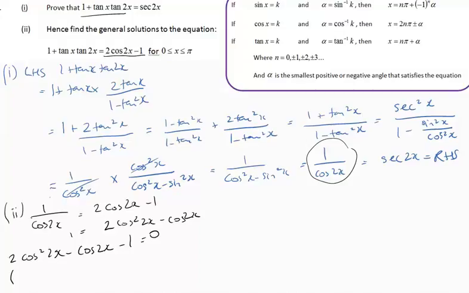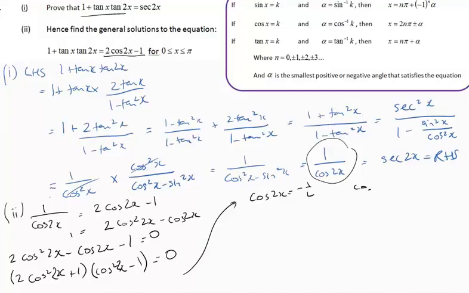This will become 2 cosine 2x plus 1 multiplied by cosine 2x minus 1 equals 0 here. So from this we get here our cosine 2x is equal to minus a half, or cosine of 2x is equal to 1.